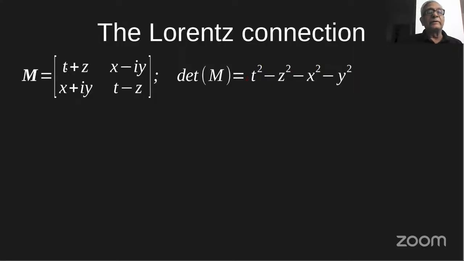Except you have now T plus Z, T minus Z, X plus iY, X minus iY, and they're all complex, by the way. So the determinant, as we had seen in the case of Stokes parameters, is T squared minus Z squared minus X squared minus Y squared. So long as you preserve the value of this determinant, you're guaranteed that these will undergo Lorentz transformations, T, X, Y, Z, because you're preserving what Einstein told you to preserve in the interval. Okay.